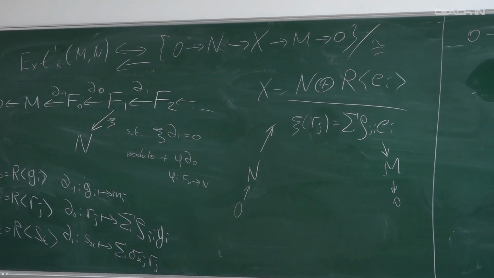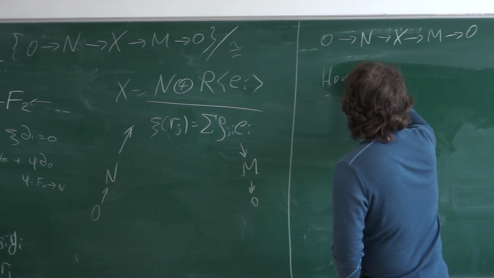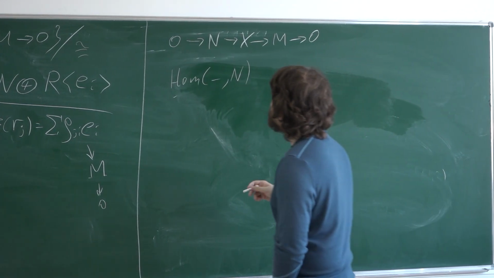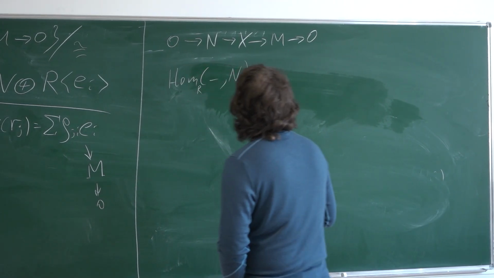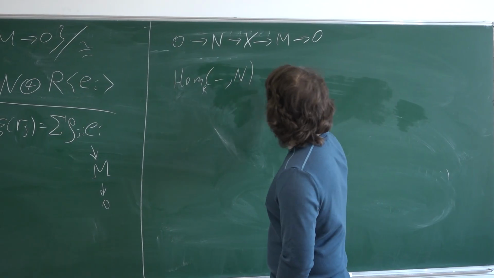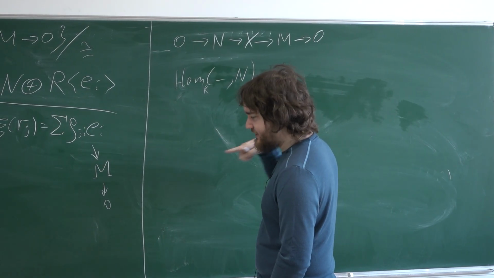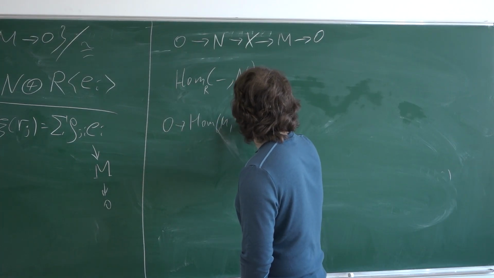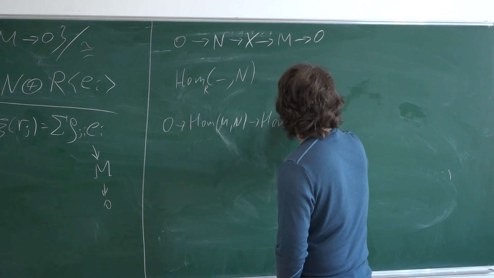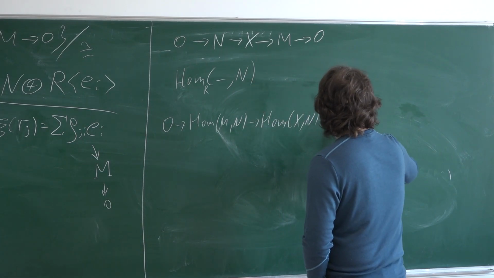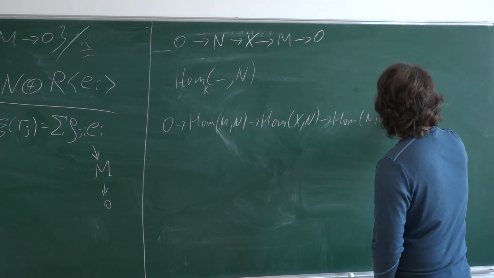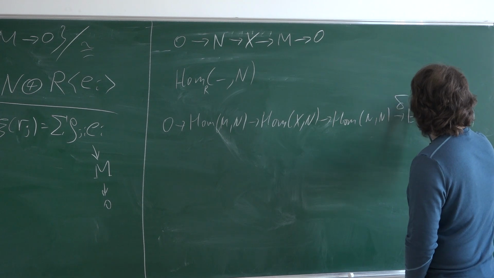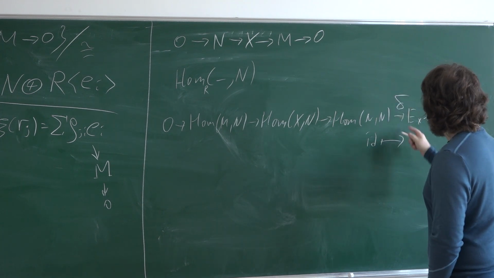For example, apply Hom to N. Then we obtain a long exact sequence: 0, Hom(M,N), Hom(X,N), then Hom(N,N), and then Ext^1(M,N), and the image of id is our class.